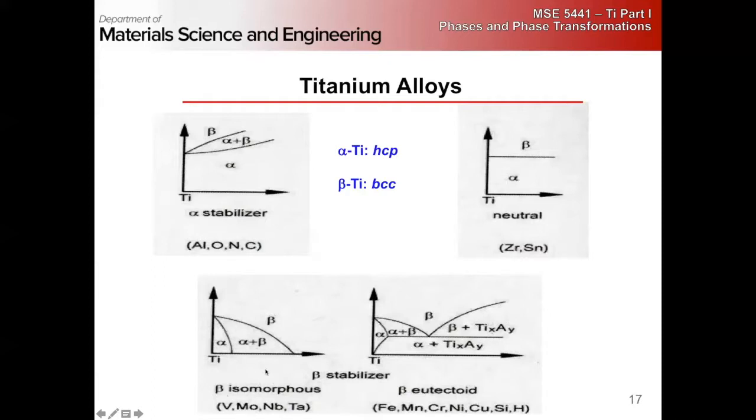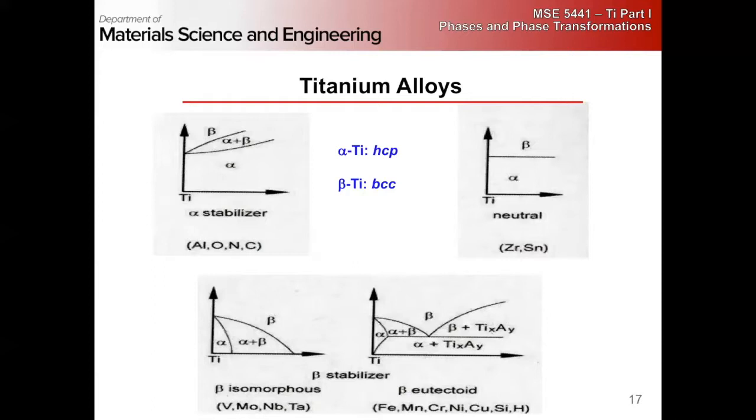The common beta stabilizers we break into two general categories: isomorphous or eutectoid, depending on the effect on the phase diagram and how far down the two-phase field extends before you create other compounds, right?